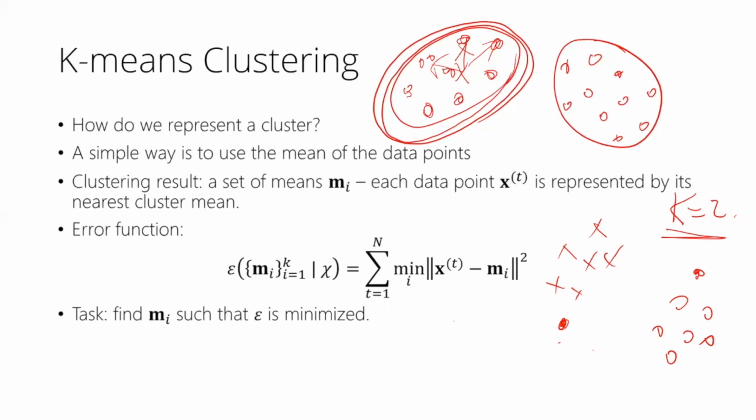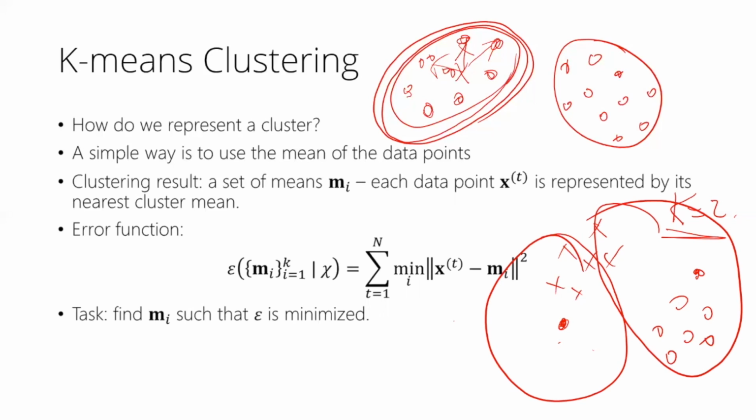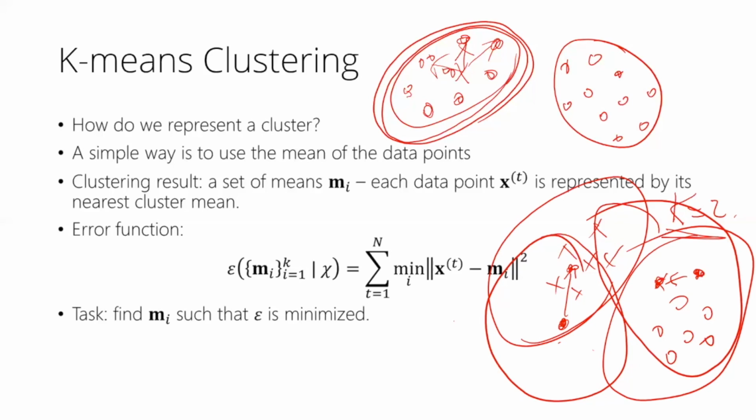And then from the means, we partition the data with respect to the mean. And then we fine tune the mean by taking the actual average of the data points and updating the mean according to the actual average. And then as you repeat this process, you will eventually converge to a nice clustering that splits the data set in a way that minimizes the intra-cluster distance as defined by this error function.